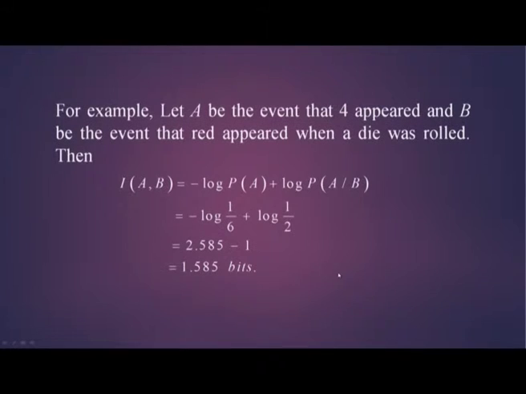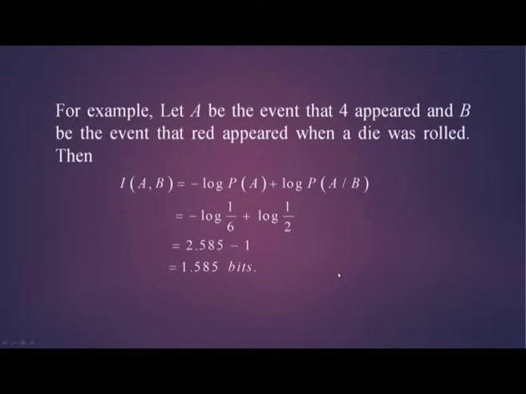For example, let A be the event that 4 appeared and B be the event that red appeared when a die was rolled.